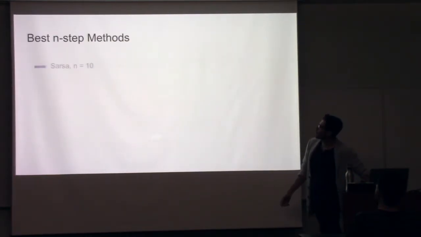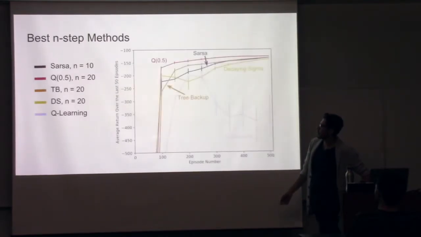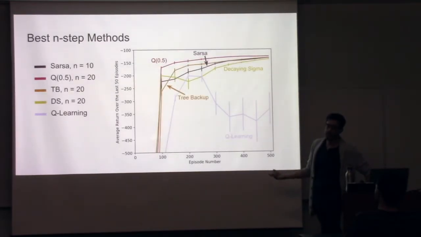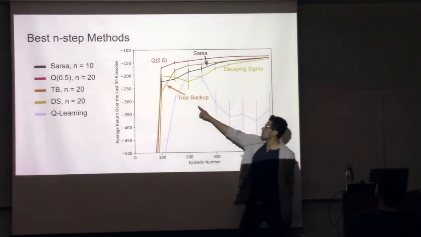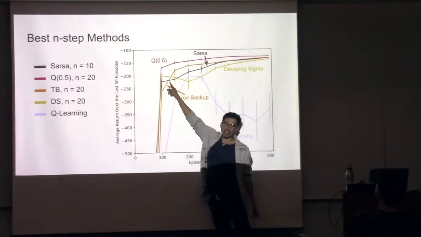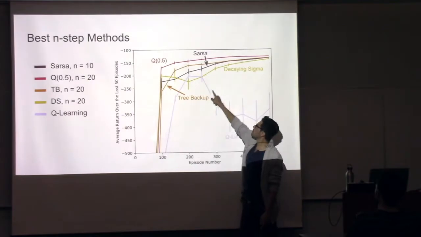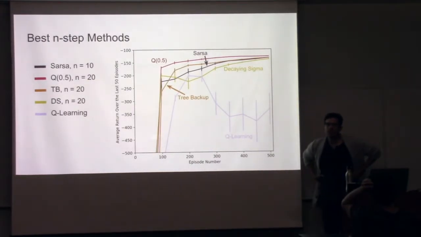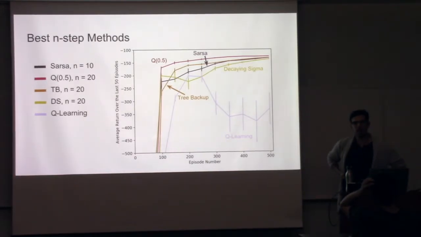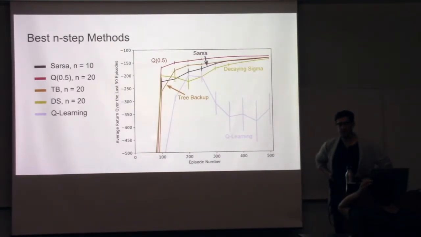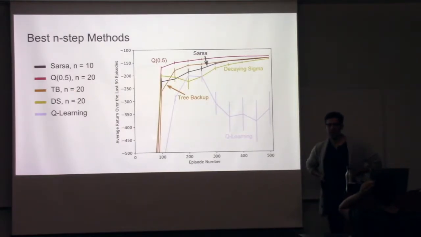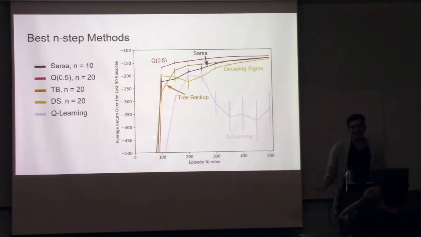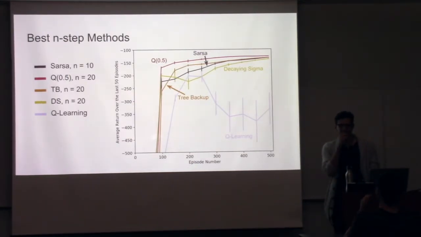But here, I'm actually plotting the best performance of the DQ sigma decaying sigma agent. And we can see that it does show, on a smaller scale, a drop in performance, and then it goes back up. My intuition is that maybe decaying sigma might introduce some instability that hurts performance a little bit. But I take it with a grain of salt. I don't really know.